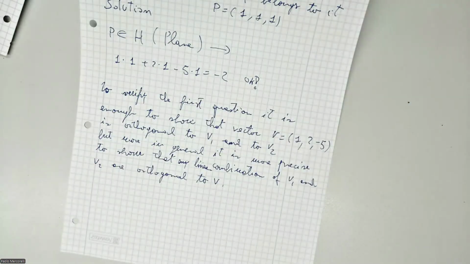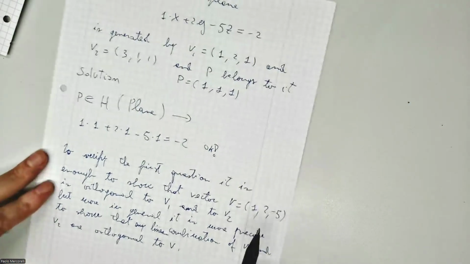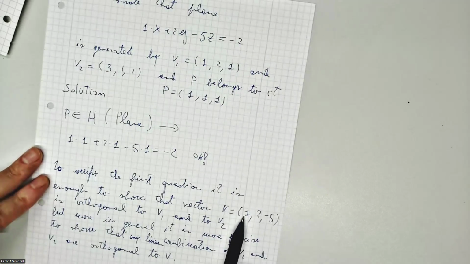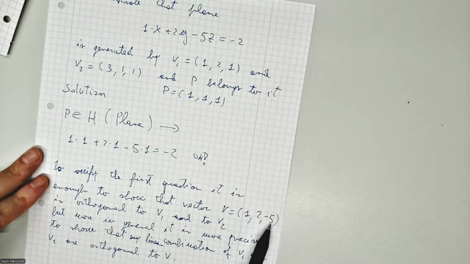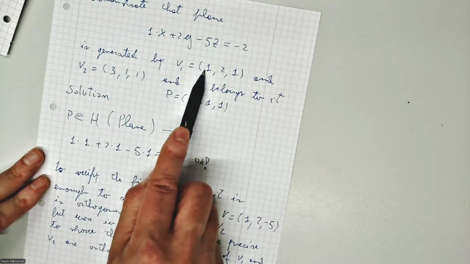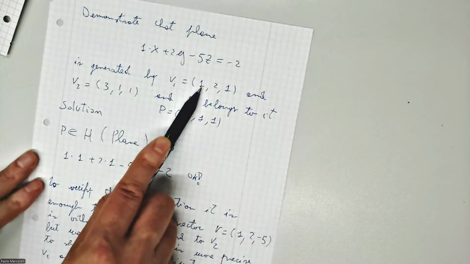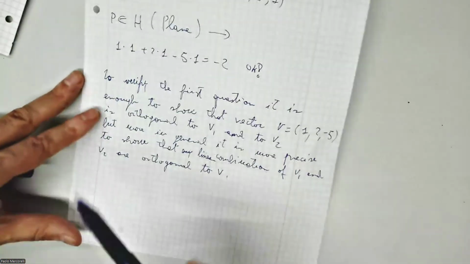Because if you look at the inner product between this and this, it is clear, no? Let me check.